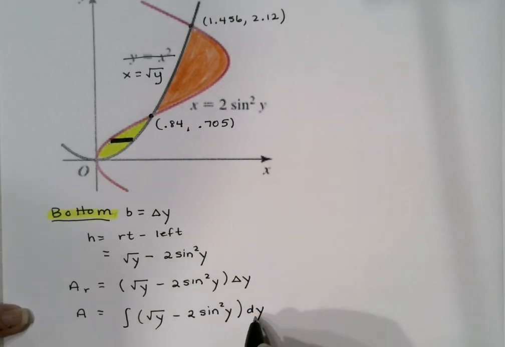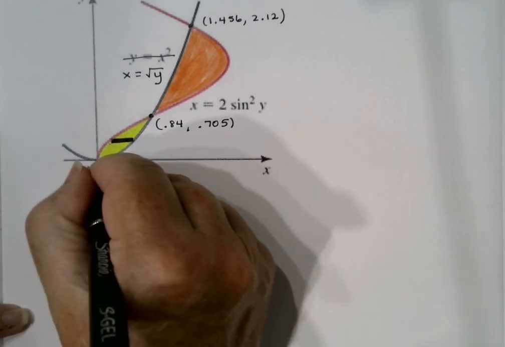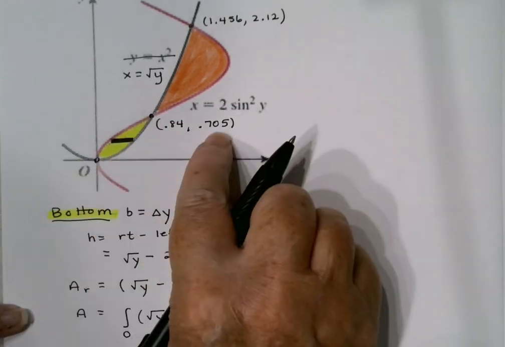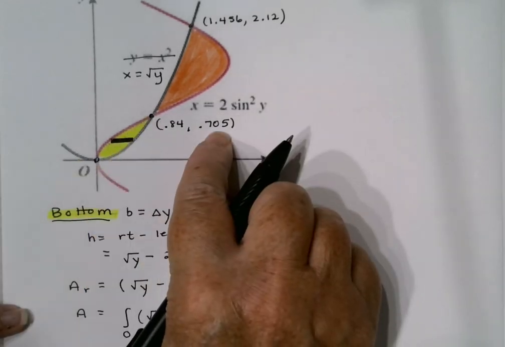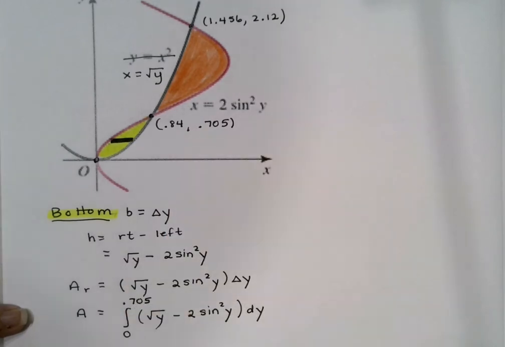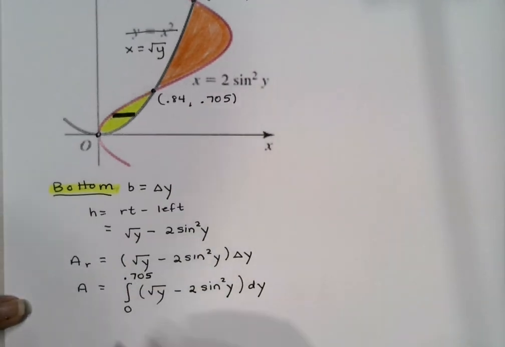And these are y values that I need. So for the limits of integration, I'm going to start down here where y is 0, and this ends at the intersection point where y is 0.705. When I plugged that in my calculator, I think I did it. Oh, no, I did not. Let's do it together.